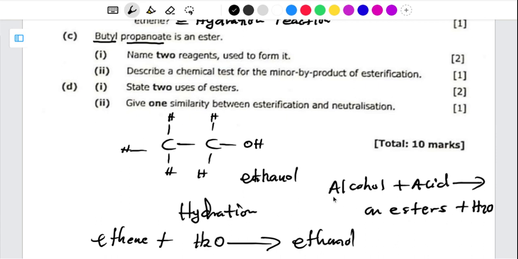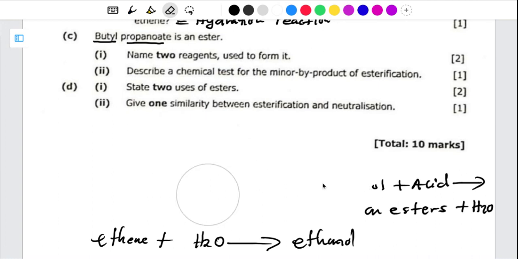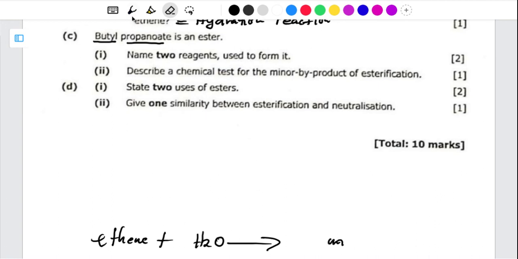Now in terms of the naming of an ester here, you need to be very careful when giving the reagents here. When naming an ester, the first thing that we consider is an alcohol. So this word here, you are able to read it as butyl propanoate, meaning to say this is an alcohol and this is going to be an acid.